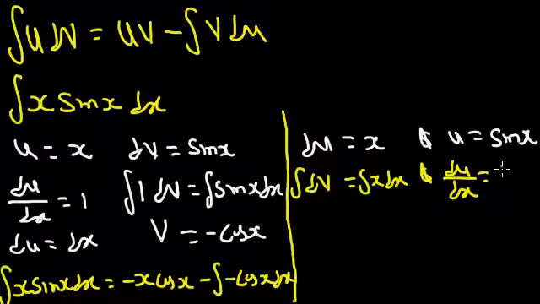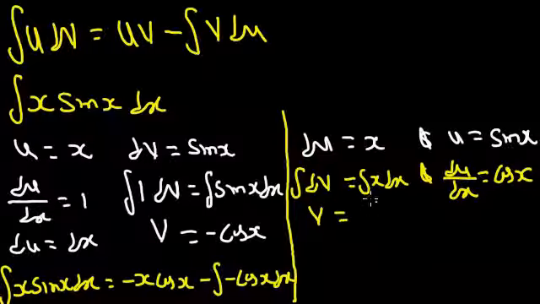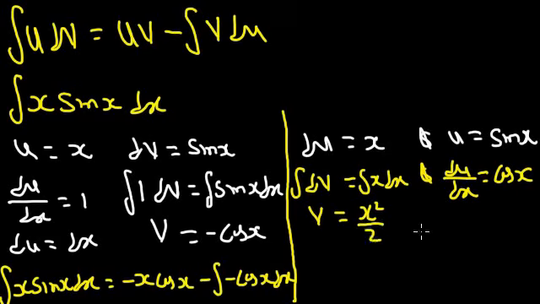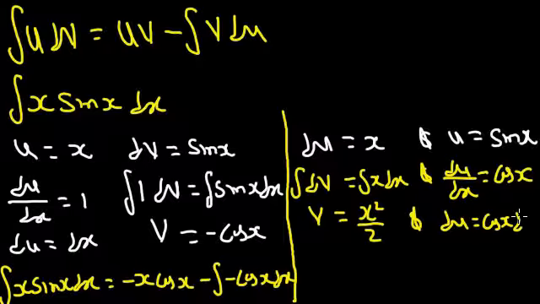The derivative of sine x is cosine x. The integral of 1 dv is simply v, and the integral of x with respect to x is x squared over 2. You should know how to integrate polynomials by now. And du is cosine x dx.